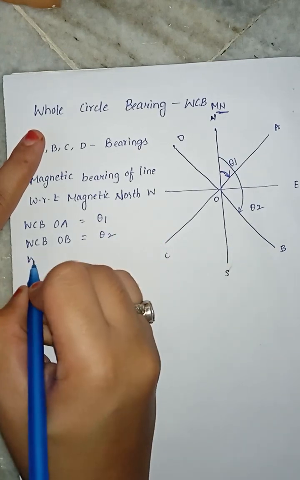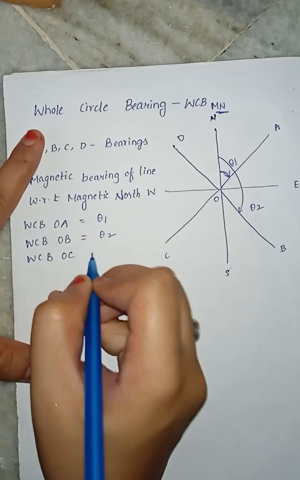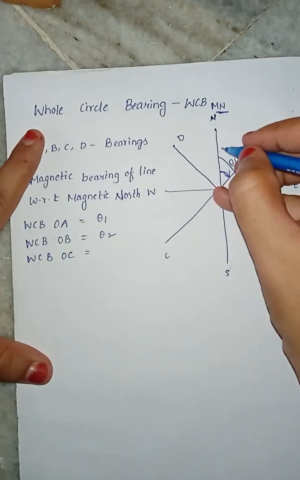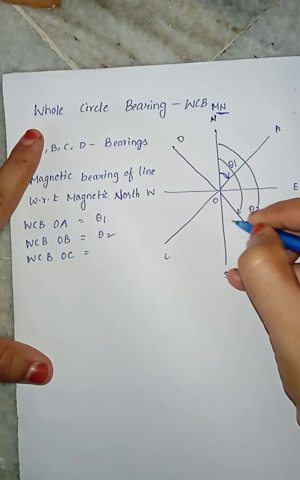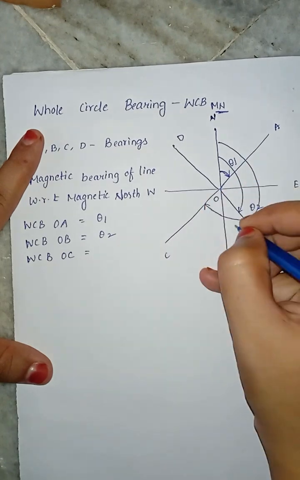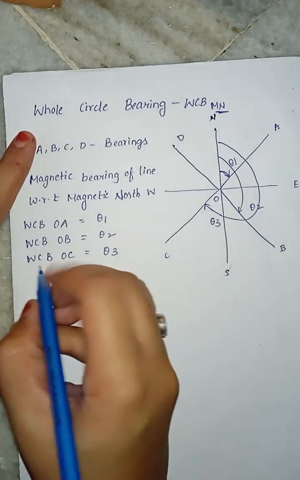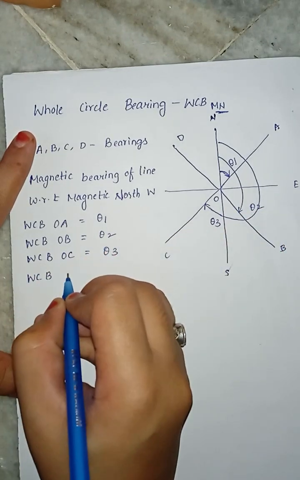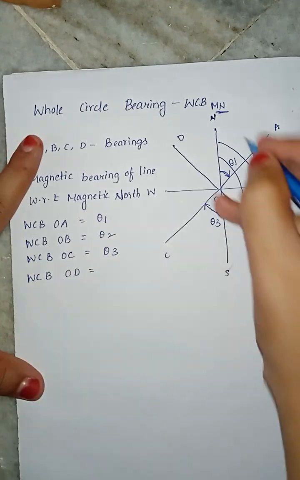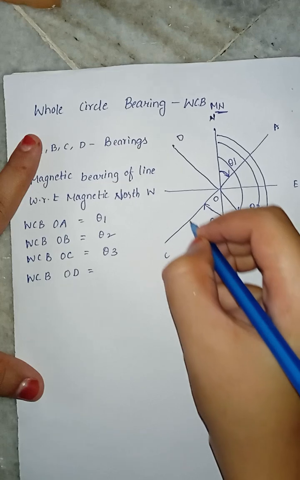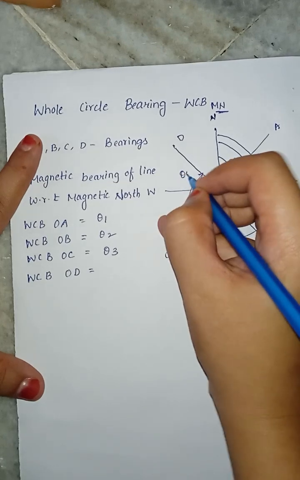Okay. Next, whole circle bearing of line OC. For line OC, whole circle bearing is taken as this, that is theta 3. Next, whole circle bearing of line OD. For line OD, whole circle bearing is taken as theta 4.